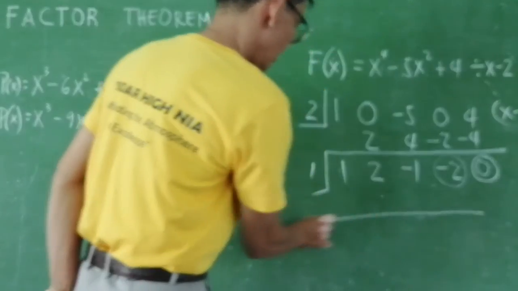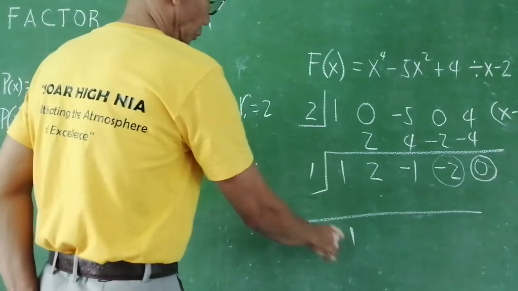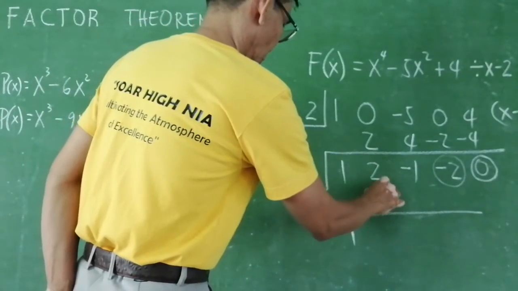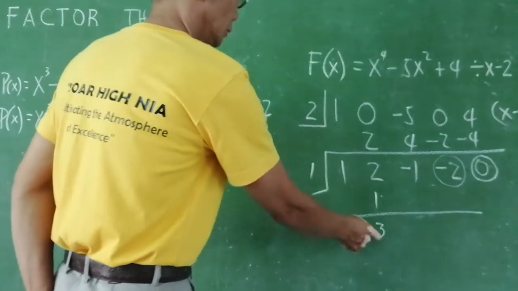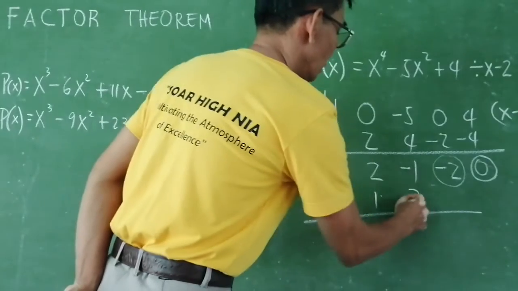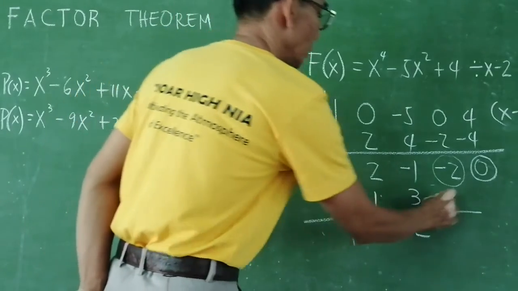So you put a line here again, bring down 1. 1 times 1 is 1. You add, that will be 3. 3 times 1 is 3. You add, that is 2. And then you multiply, 2 times 1 is 2.